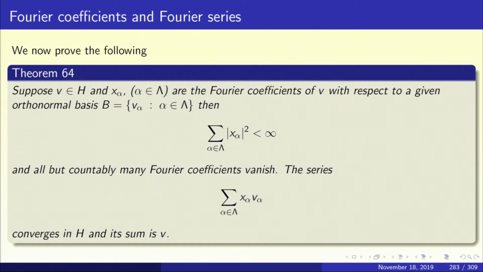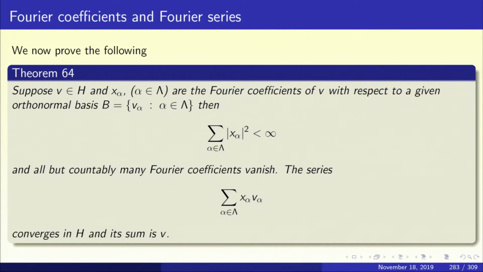Suppose V is an element of H, and x alphas are the Fourier coefficients of V with respect to a given orthonormal basis B, which is the set of all v alpha such that alpha belongs to lambda. Then summation mod x alpha squared, alpha ranging over capital lambda, is finite, and all but countably many Fourier coefficients must vanish because this summation is finite.